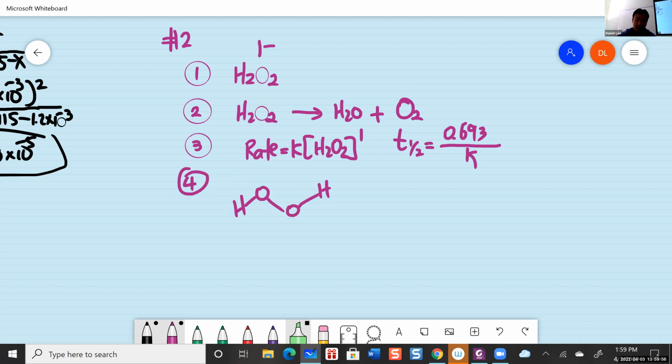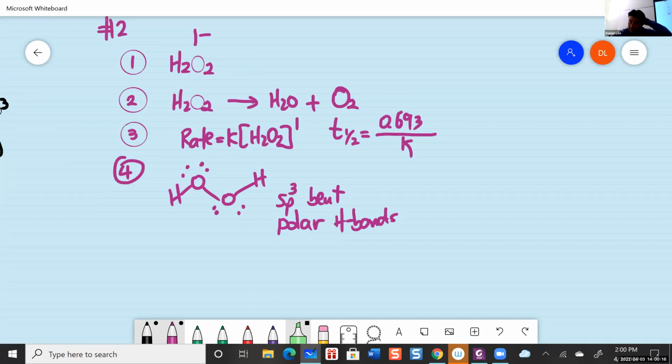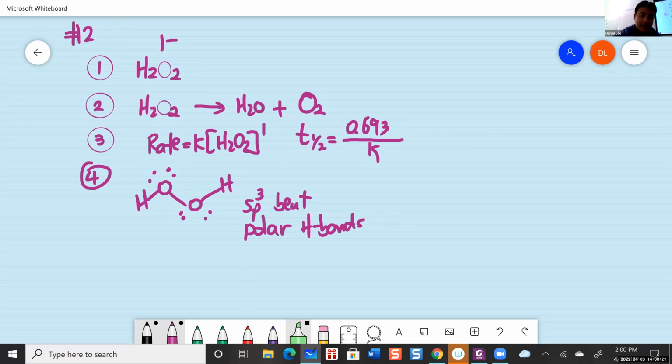It's bent on both sides, like water, sp3 bent. Okay, and it's polar, of course, and it has hydrogen bonding. So all these things should pop to mind right away. And it's a household disinfectant. You use hydrogen peroxide to kill germs and cuts basically. Okay, so these things are about hydrogen peroxide.